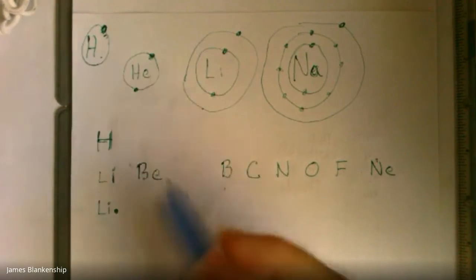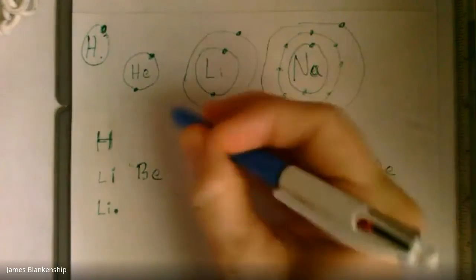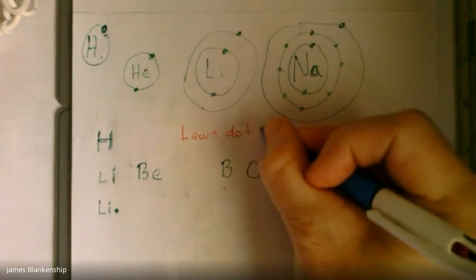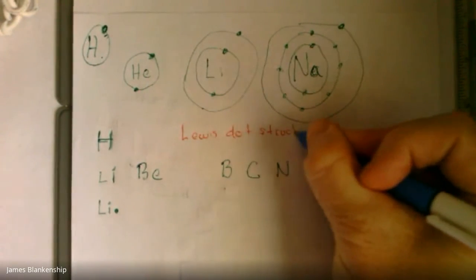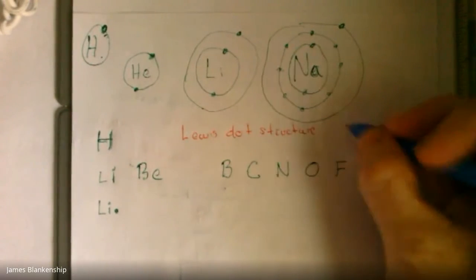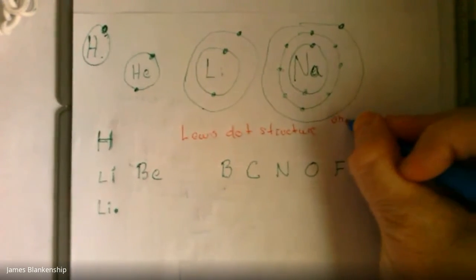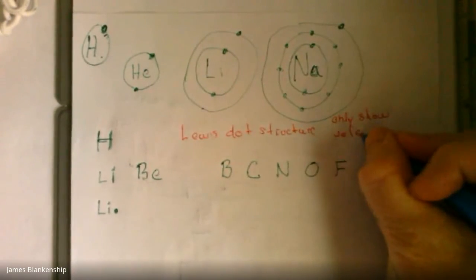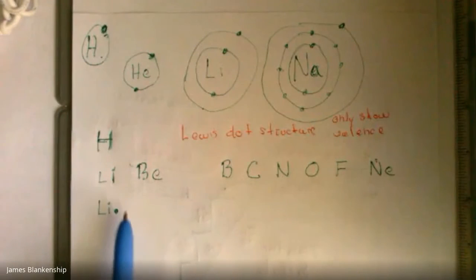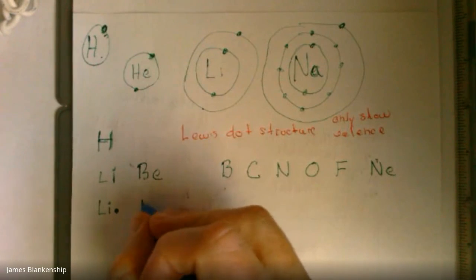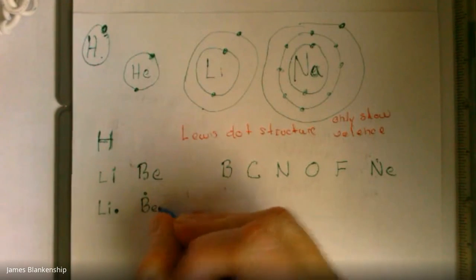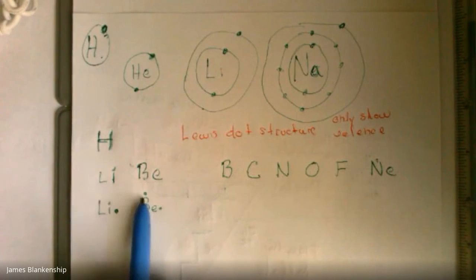When you're drawing Lewis dot structures, you only show valence electrons. And remember, your valence is your outermost electrons. When we draw beryllium, I would draw beryllium, and then I'd have 1, 2. I like to separate them.